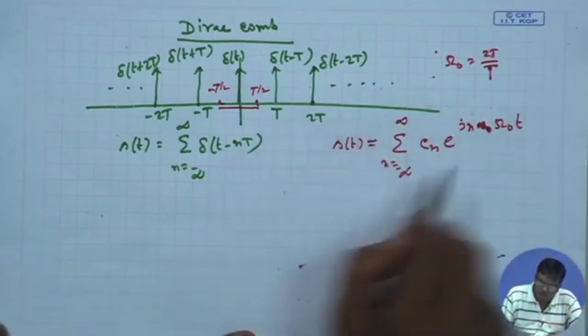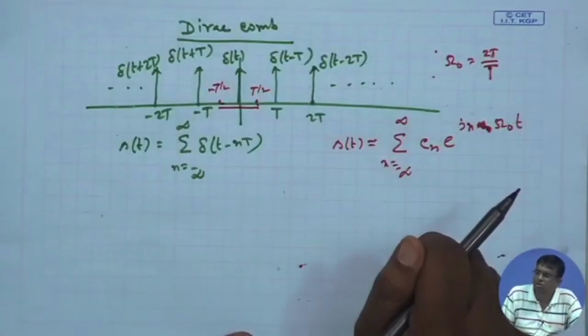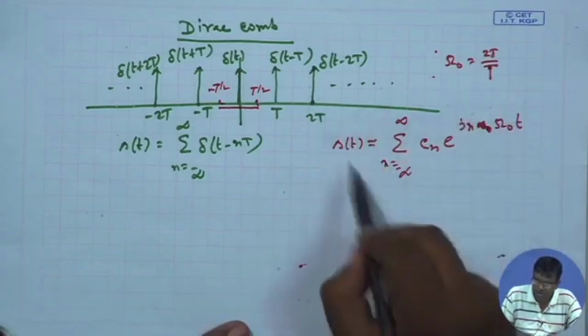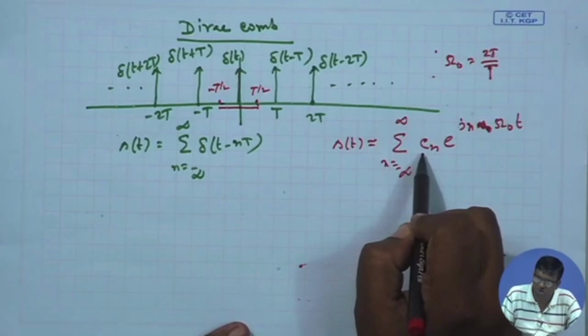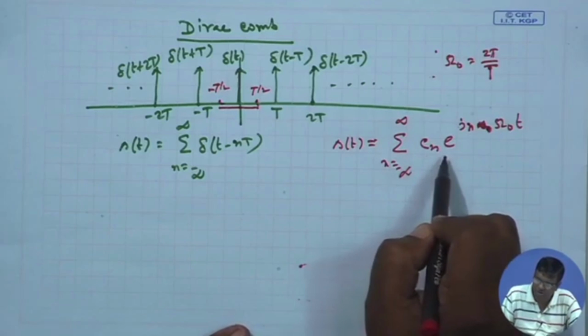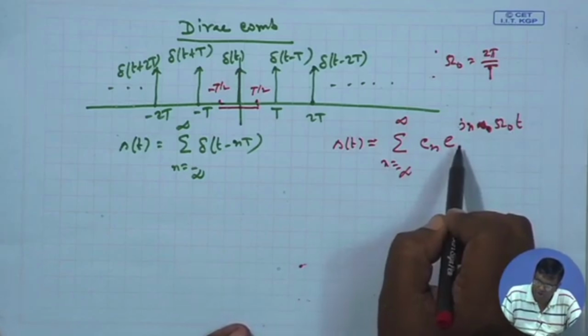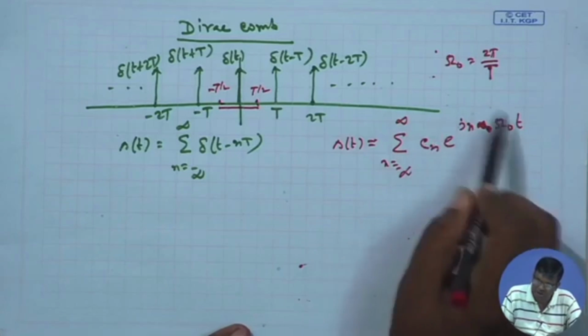For any periodic function of period capital T, you can write a Fourier series of this form, where C_n is the nth Fourier series coefficient, that is, the amplitude associated with the nth harmonic.